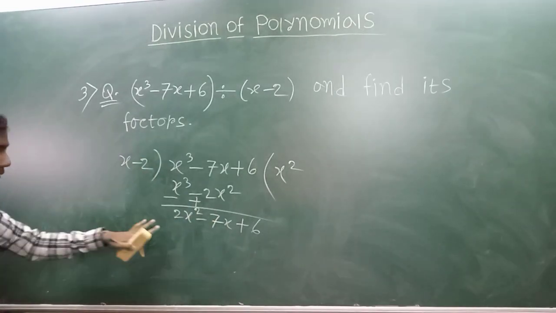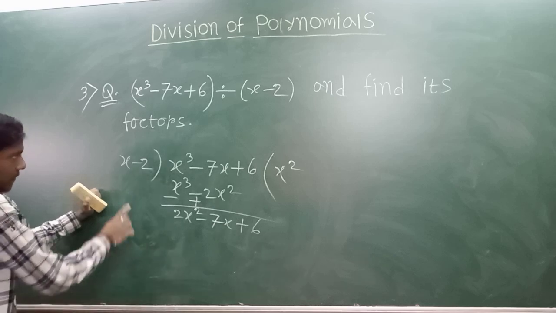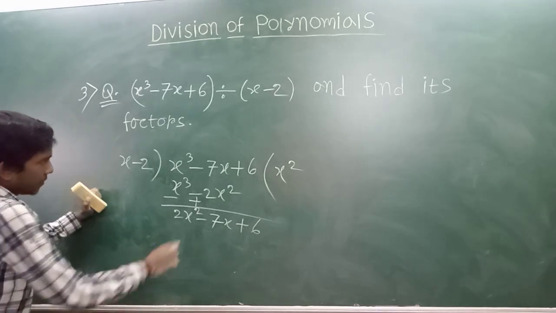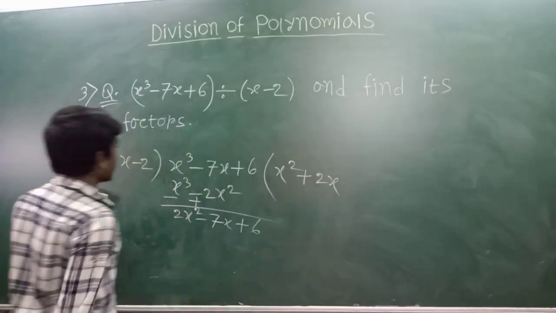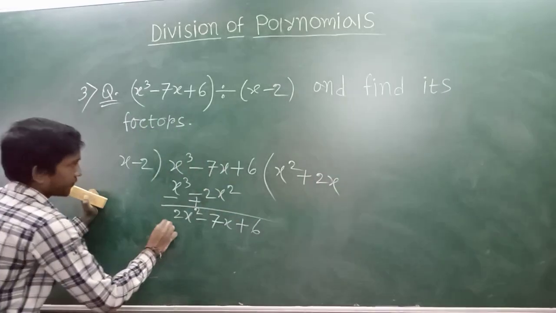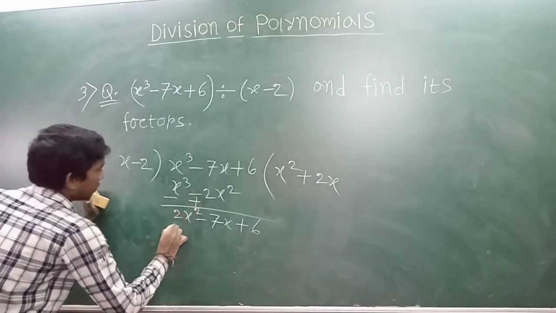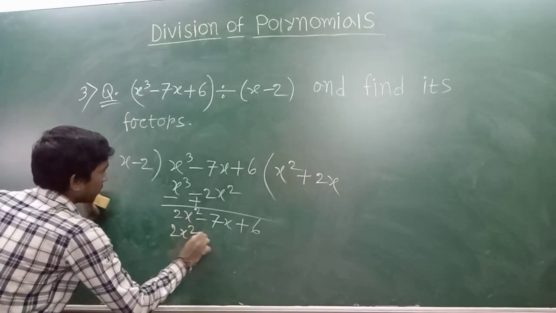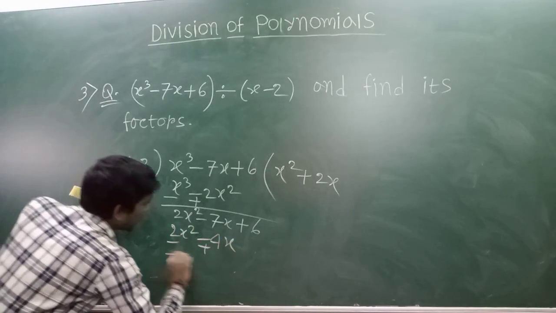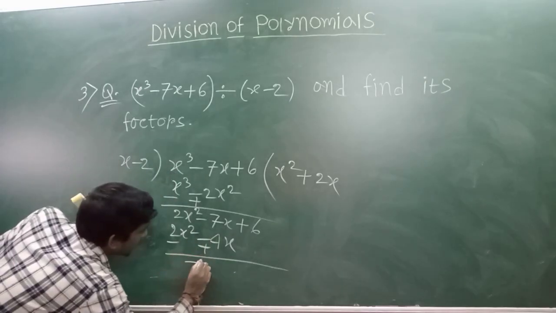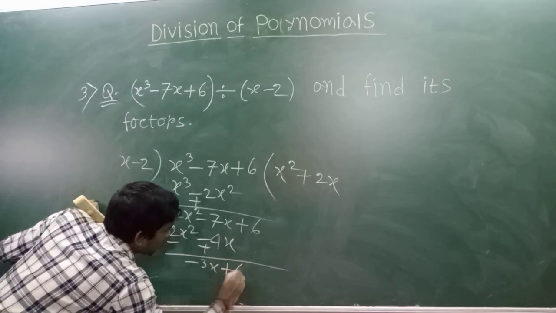Take the first term from the dividend, 2x squared divided by x. So we get plus 2x. Multiply this by this. So we get 2x squared minus 4x. Change the signs and you will get minus 3x plus 6.